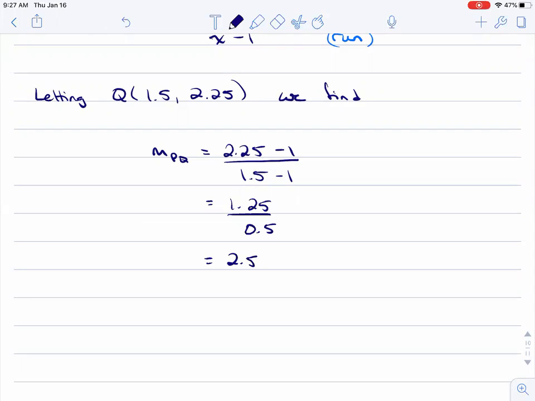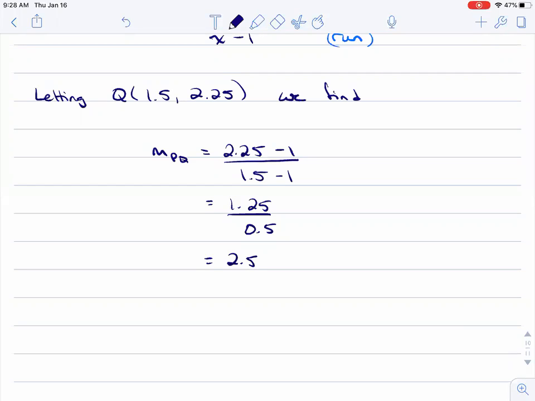So between x equals 1 and x equals 1.5 on the parabola x squared, the slope is 2.5. So it's increasing at a rate of 2.5.